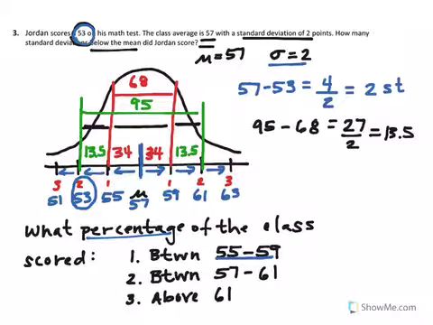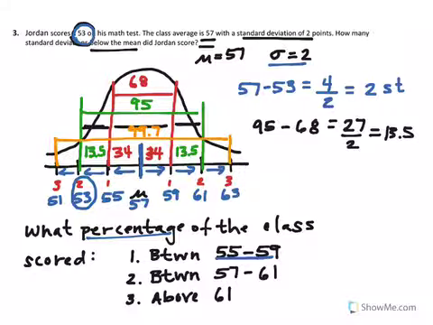The last part of my empirical rule says that 99.7% of the data falls between 3 standard deviations, meaning it's extremely rare that it's above or below 3 standard deviations.